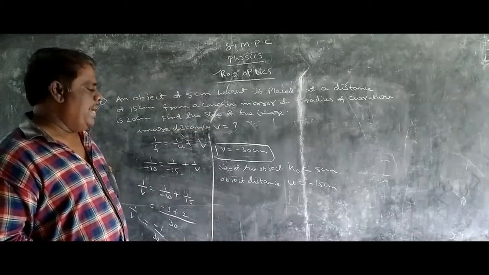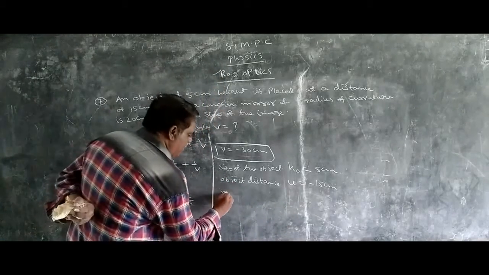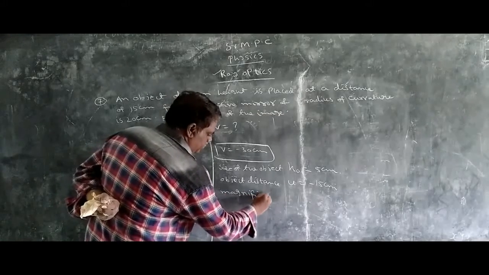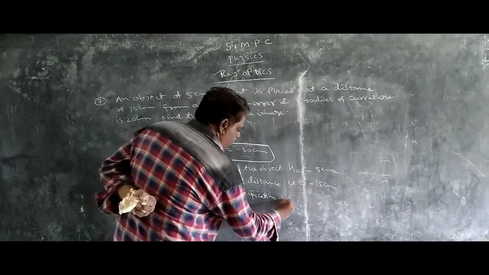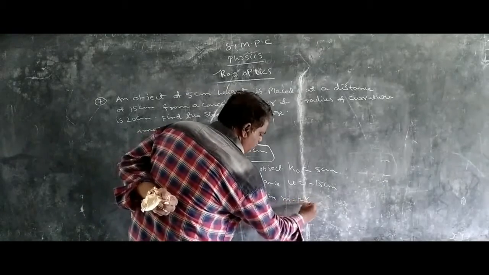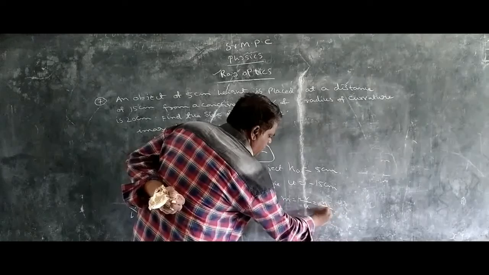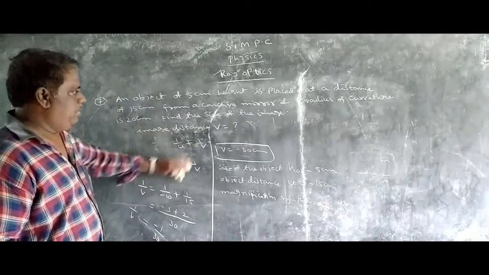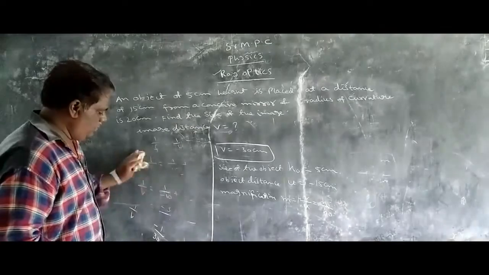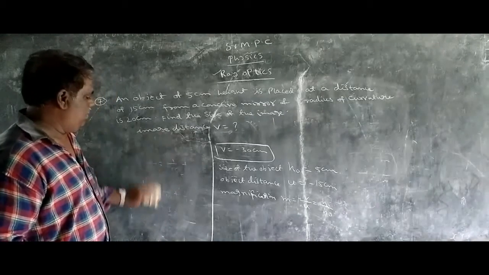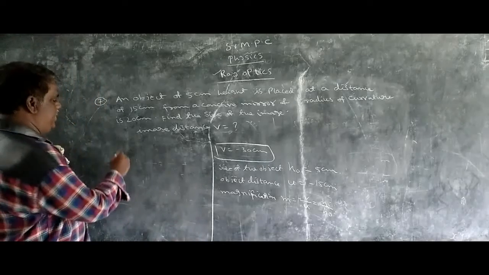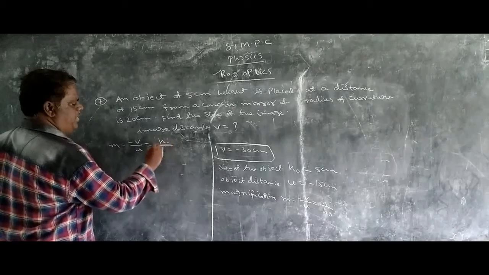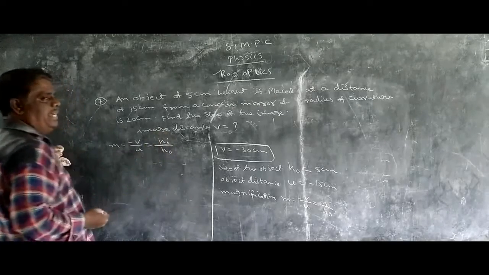Then to find magnification, there is a formula for magnification. I write here: magnification M is equal to minus V by U is equal to HI by H naught. What is this HI?